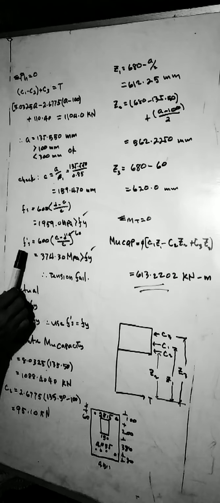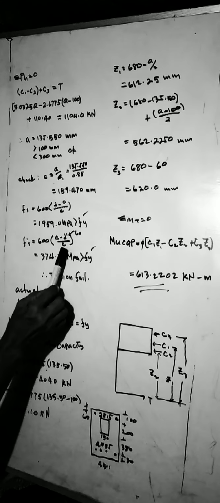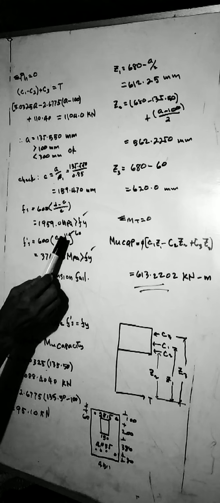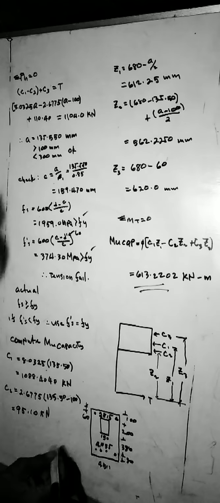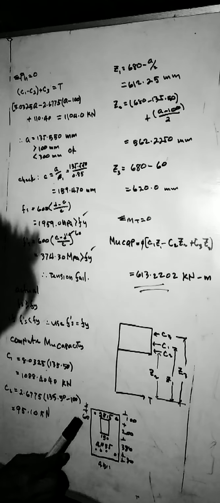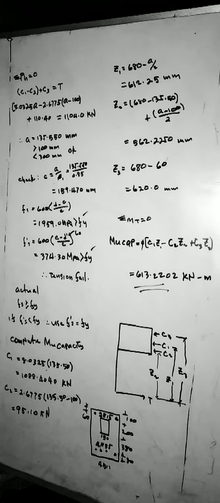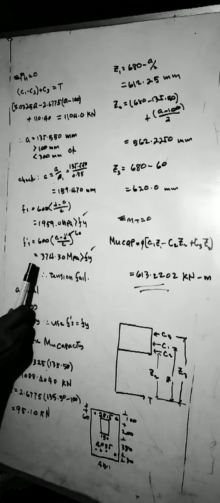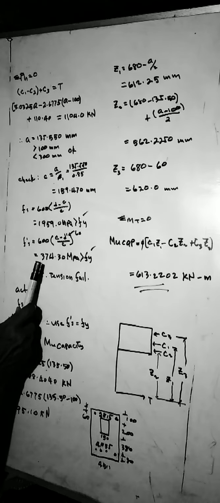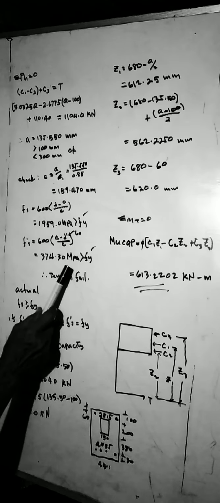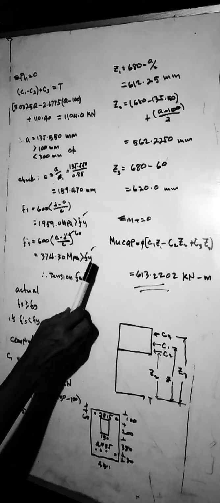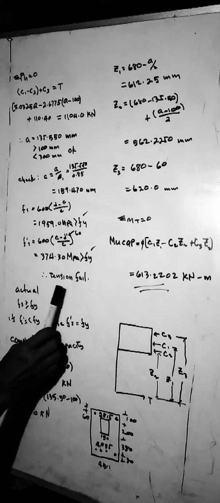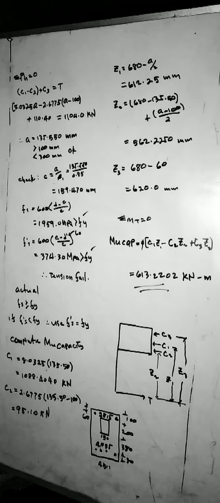And for f's, we use this equation, where d' is 60, and c is this one. Substituting and computing gives 374.30 megapascals, which is also greater than fy. So therefore the section is a tension failure, and our assumption is correct.